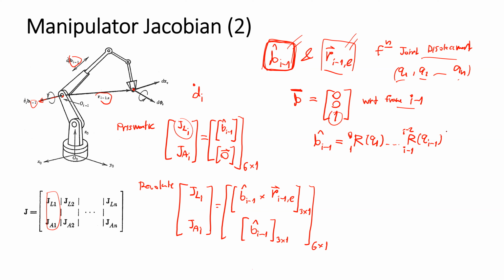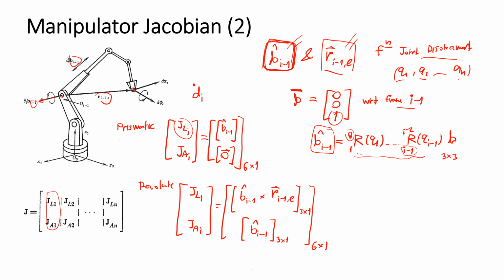We obtain the rotation matrix, and this product of the rotation matrices from joint 0 to the frame I-1 is a 3×3 matrix, right? But the unit vector needs to be a 3×1 vector.